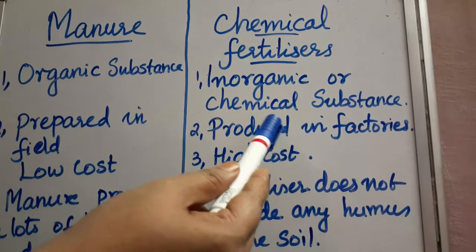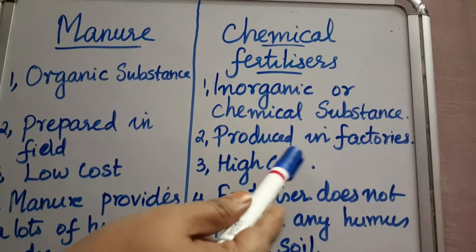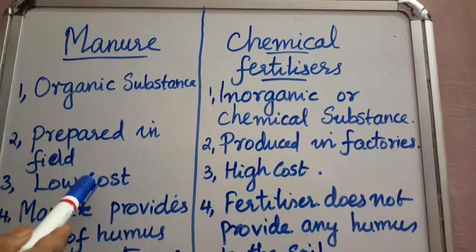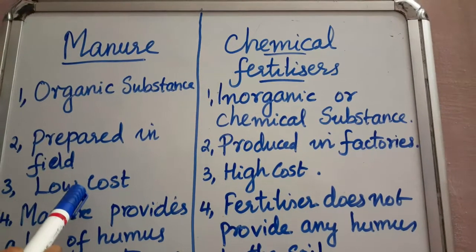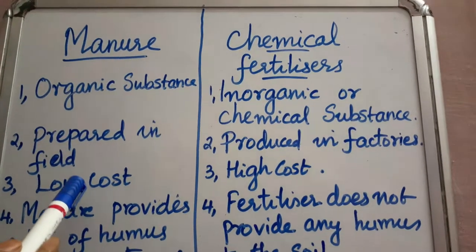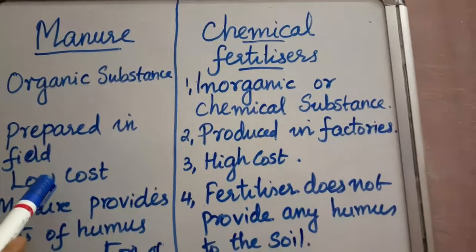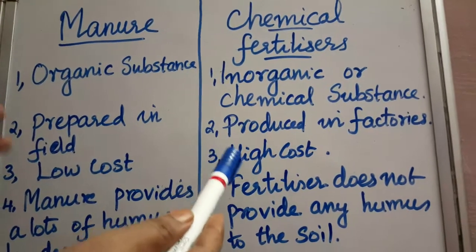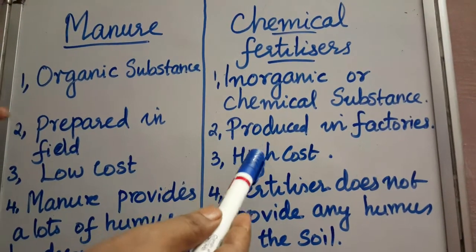We cannot produce them at home because they contain chemicals. Then manure is low cost, since it contains only plant and animal waste. Comparing to manure, chemical fertilizer is a little higher cost.